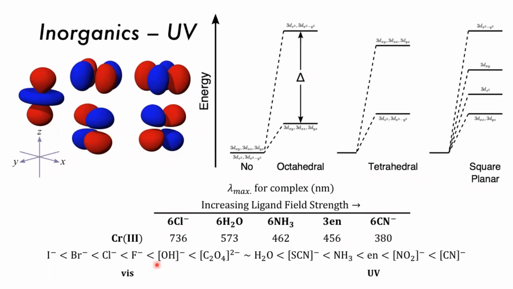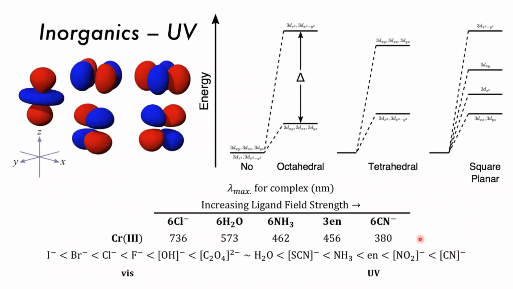There's a broad breakdown of ligands which cause visible and UV transitions. For example, the halogens typically mean that the transition will be in the visible range of the spectrum, so usually you'll get colored compounds. As we move down towards things like ammonia and cyanide, we move to higher energies, and we have what are called high field or strong field ligands, and these cause UV transitions.